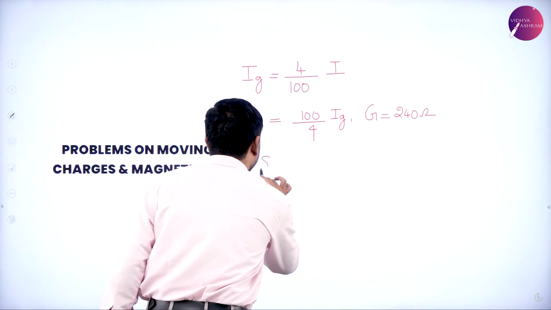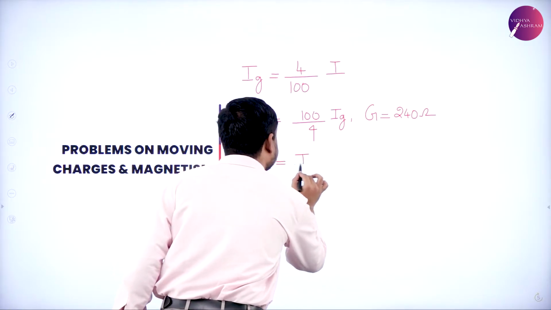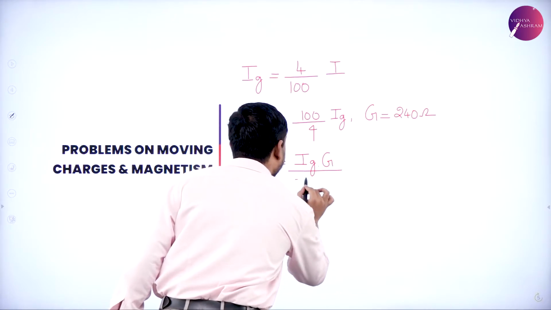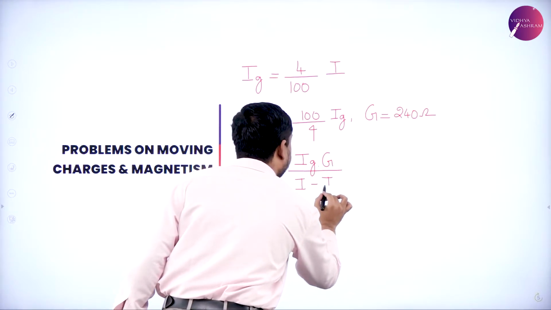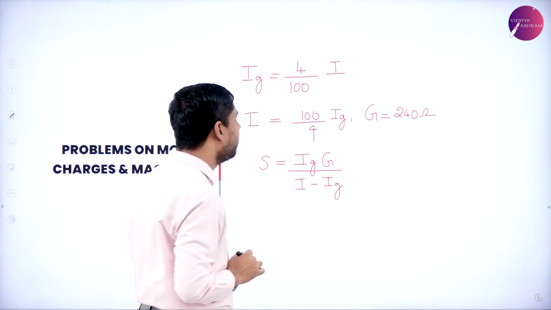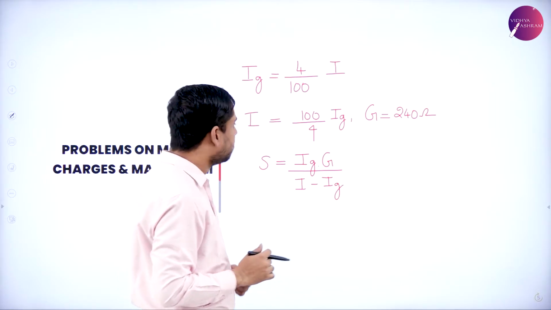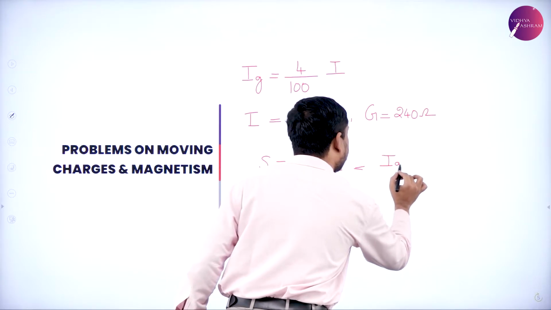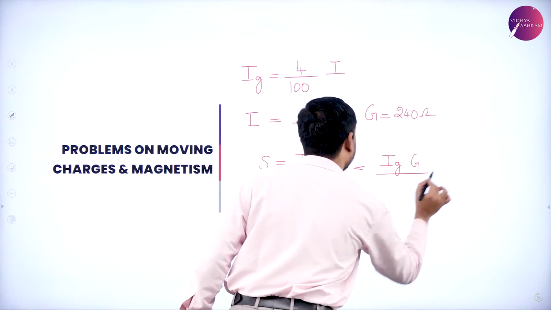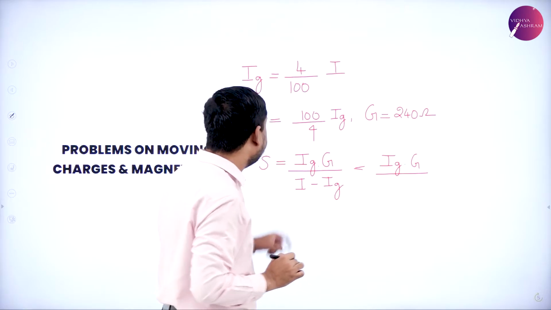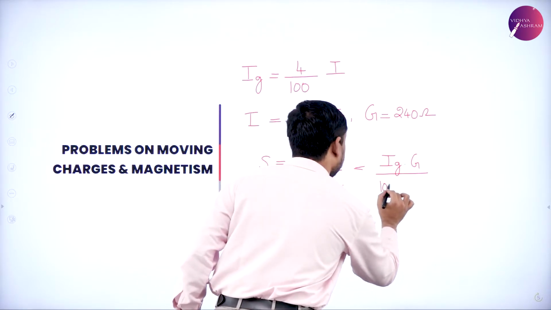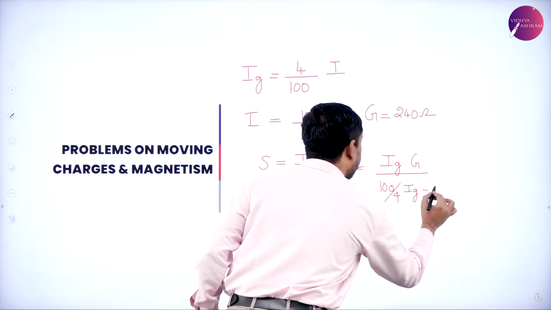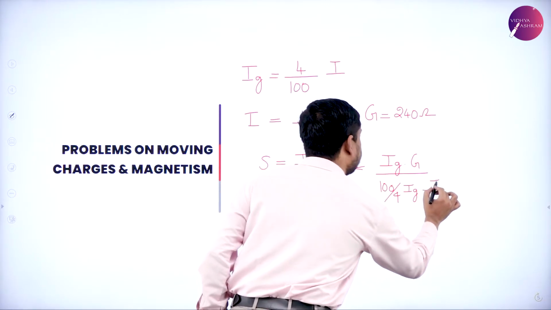So we know shunt resistance is Ig into G divided by I minus Ig, where I is 100 by 4 times Ig.